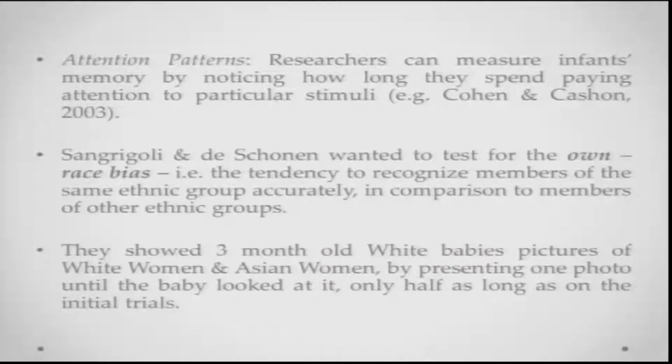Let us move slightly further from there. When you talk about memory, what would the child need, and how would the child attend to learning and acquiring new information? Attention patterns are a very important component. If you remember, I was talking about this when we were discussing language acquisition.